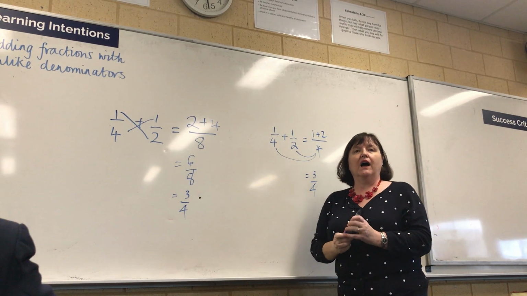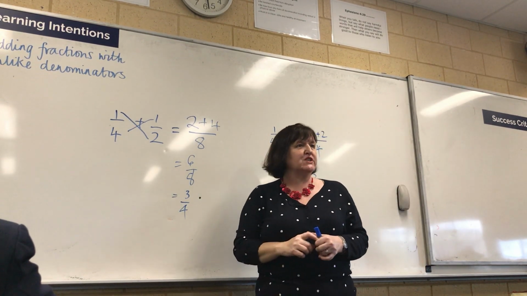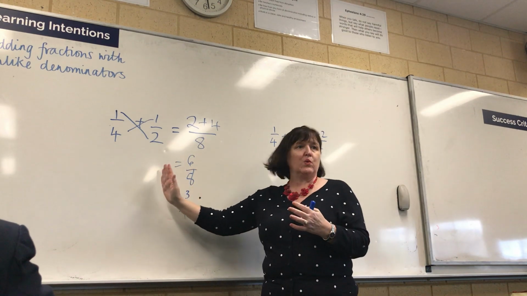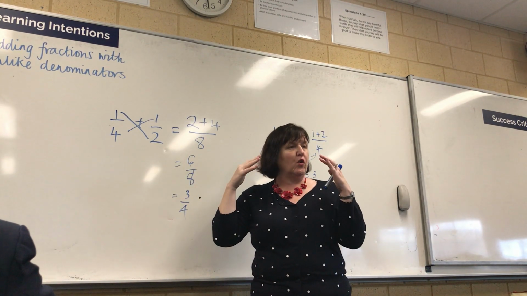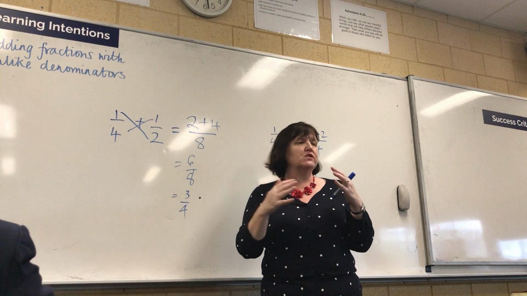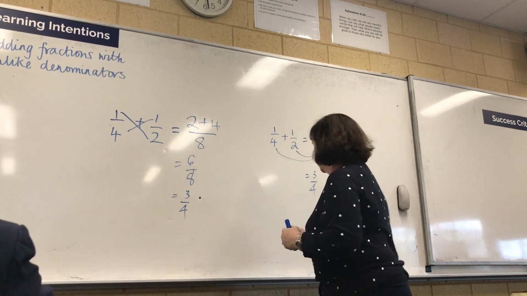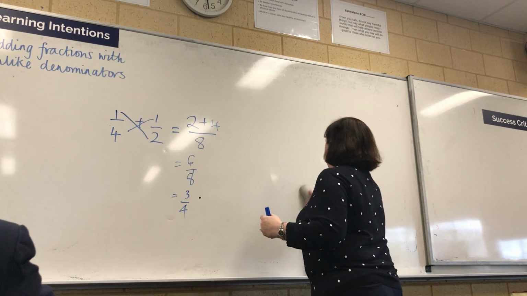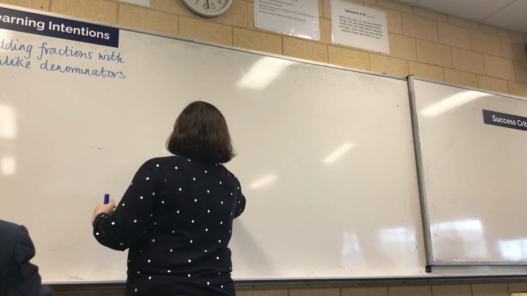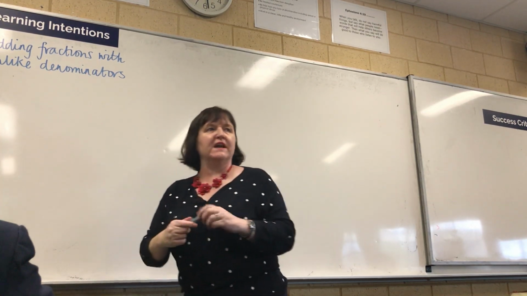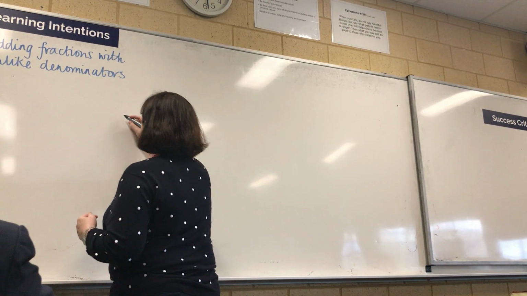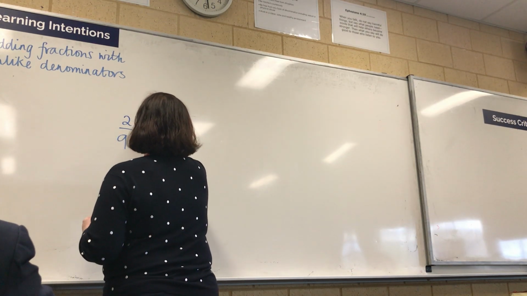Okay? I think the easiest way to do it, unless the numbers are very big, is this way. Because you've got one method to learn then, and you don't need to worry about equivalence. Right, so let's have a go. I'll do one more fairly straightforward one, and then we will do a more complicated one.